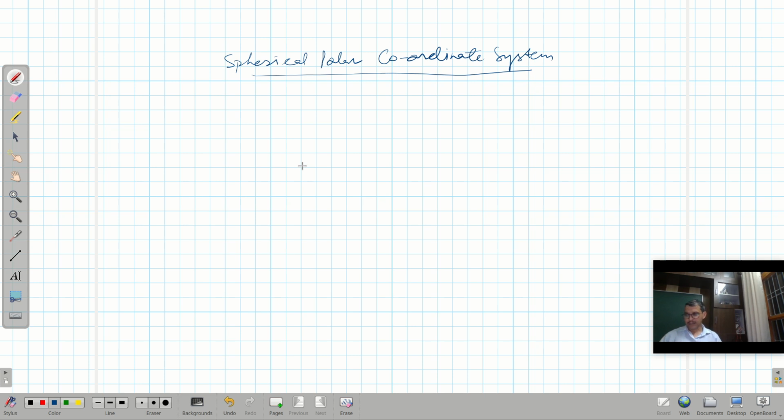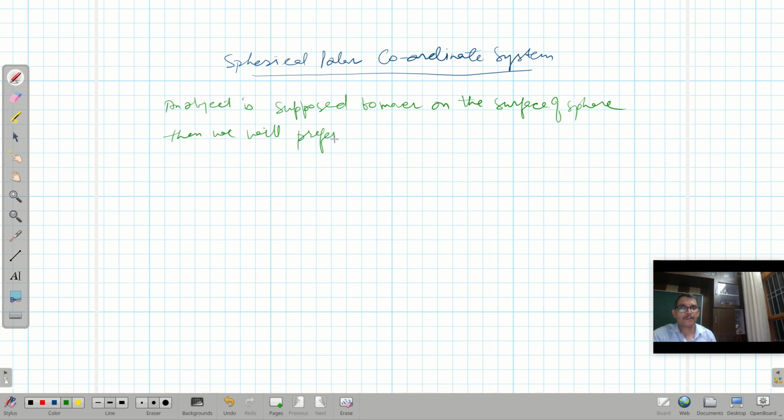is also there. And as I discussed in the earlier lectures, when an object is supposed to move on the surface of a sphere, then we will prefer to use spherical polar coordinates.